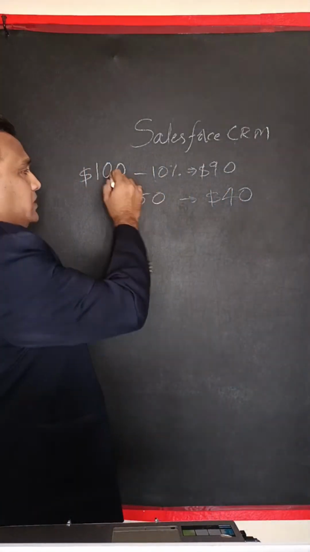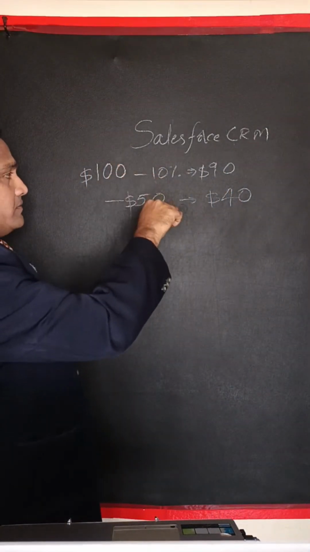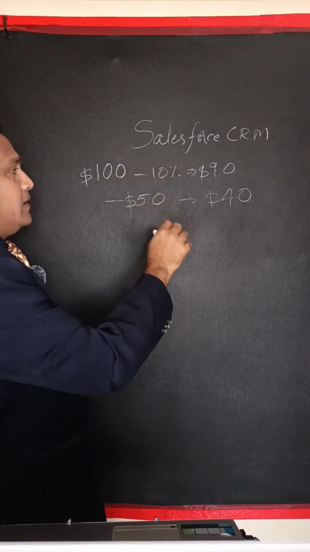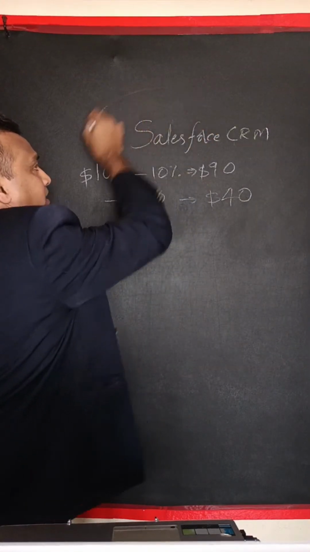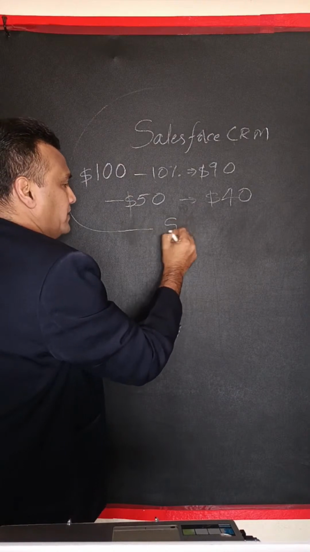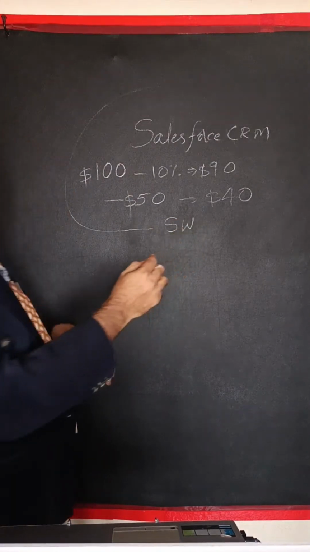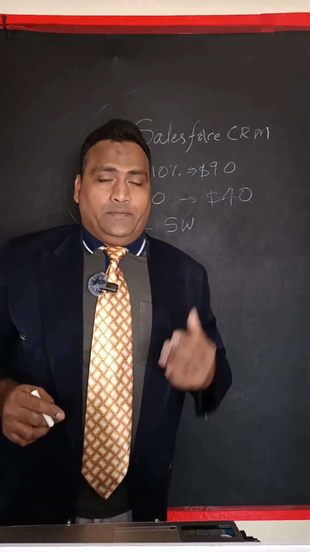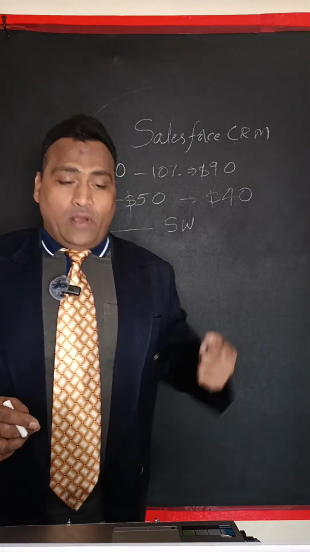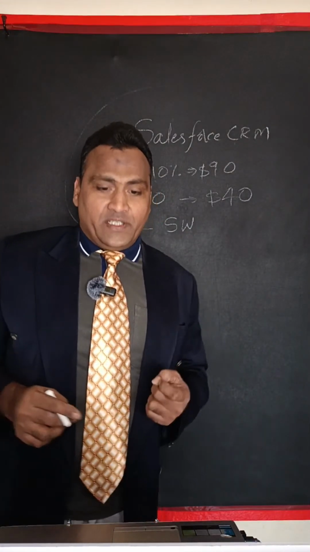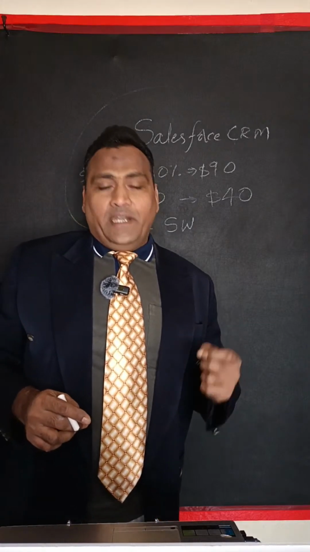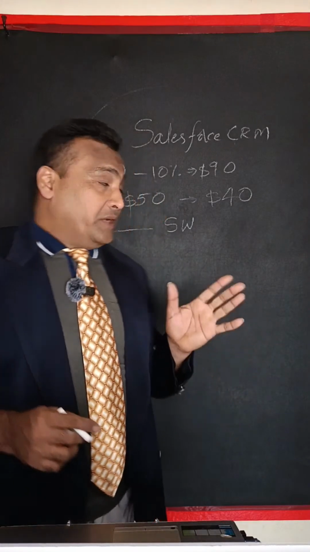For this, what has come into the picture? The human brain has invented something called software. Take the example of Oracle. Oracle is a DBMS, Database Management System, or Relational Database Management System, where you have tables.